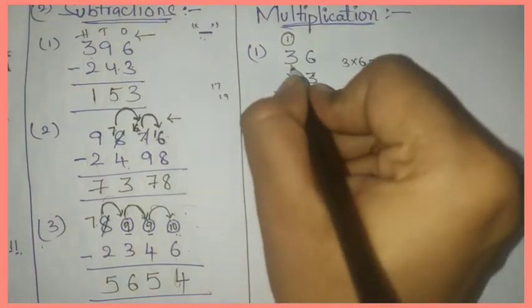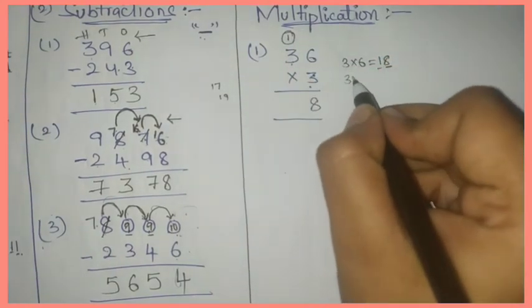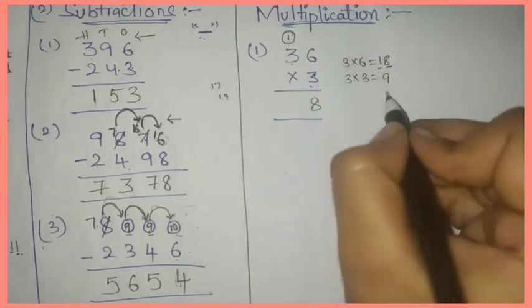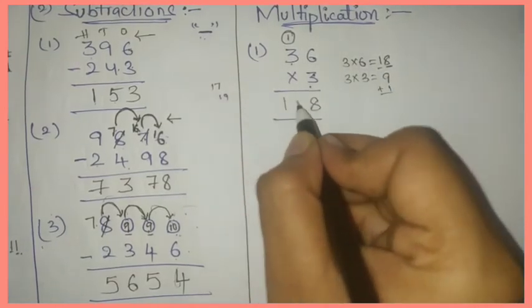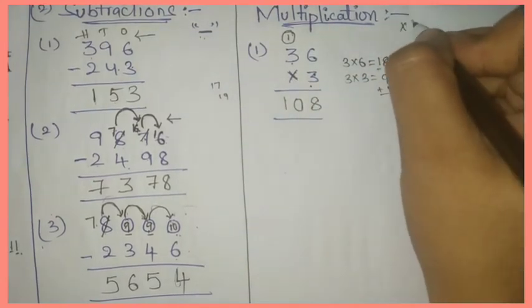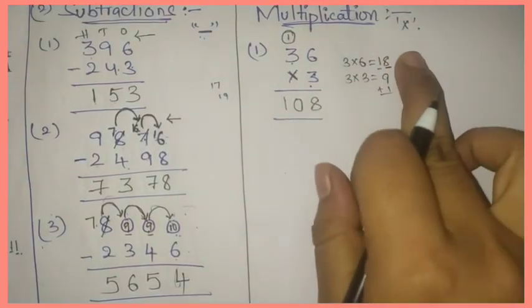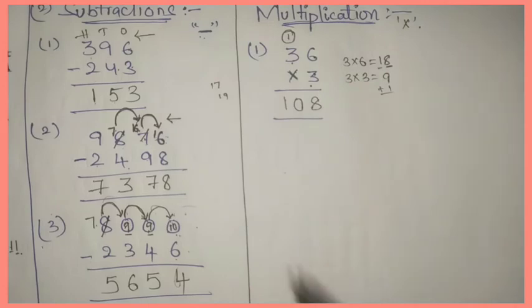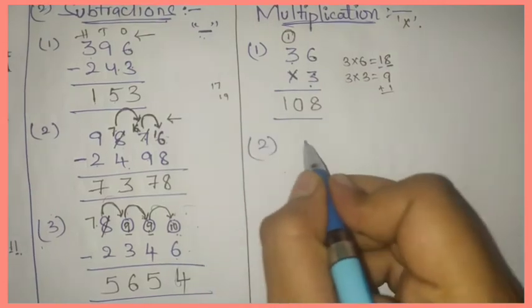Now 3 threes are 9. 9 plus 1, it will be 10. This is the multiplication symbol. We call it into.